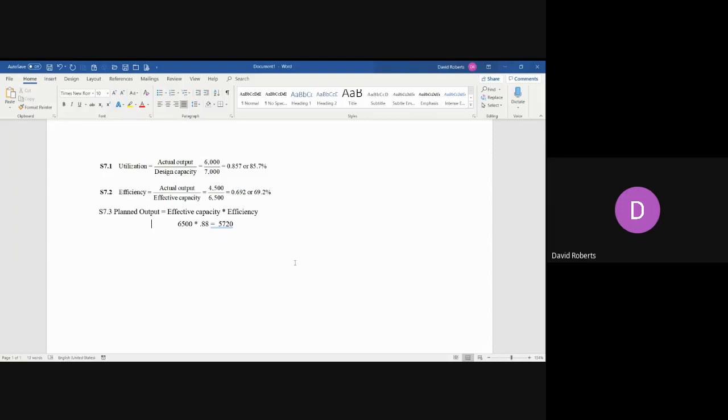So if the effective capacity is 6,500, as it is from part 7.2, and you have efficiency of 88%, you will actually make 5,720 hammers. So you can just take the effective capacity multiplied by the efficiency.